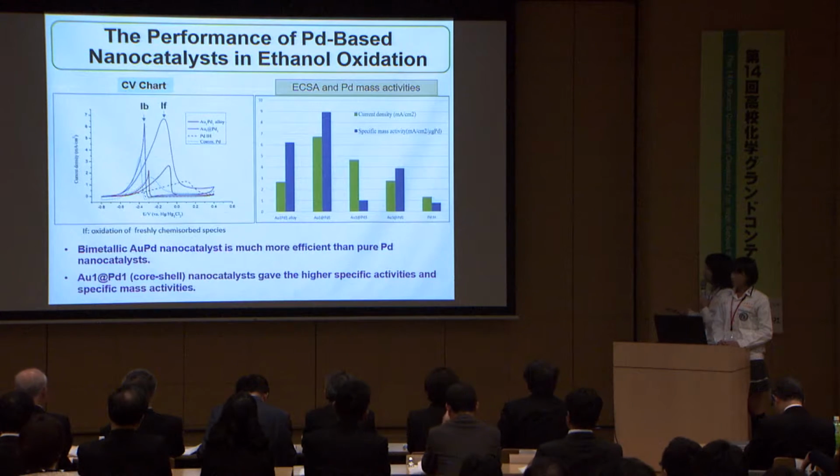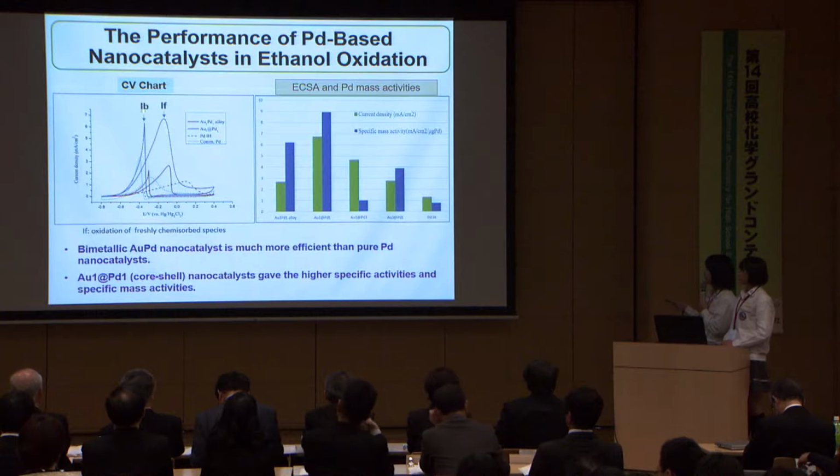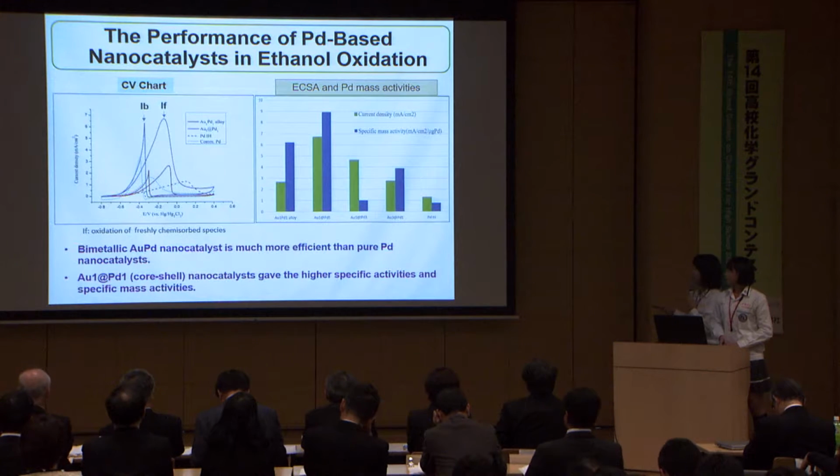In the enzyme oxidation, the forward scan peak is due to the oxidation of chemisorbed enzyme, and the backward scan peak is due to the intermediates of oxidation, like hydrocarbon from incomplete enzyme oxidation.